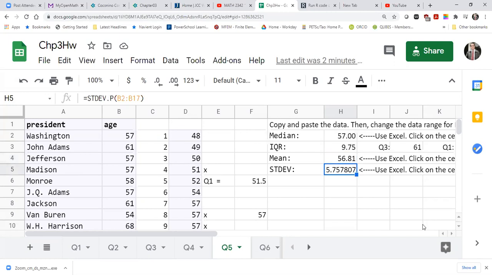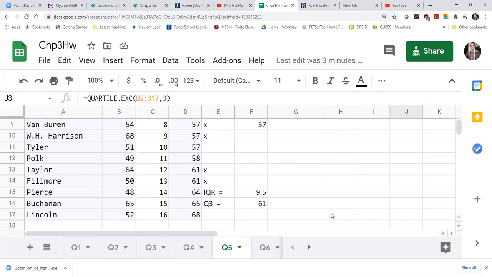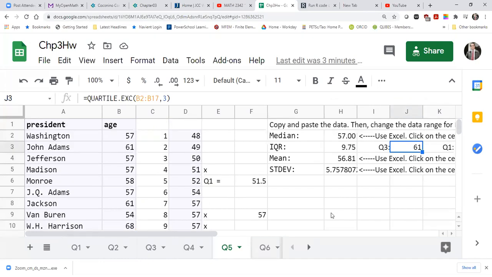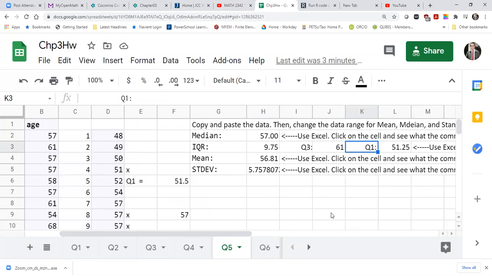For the standard deviation, the same thing, using population in this case. Also you can use this formula. You can see the third quartile is there also, and then you can use the formula.